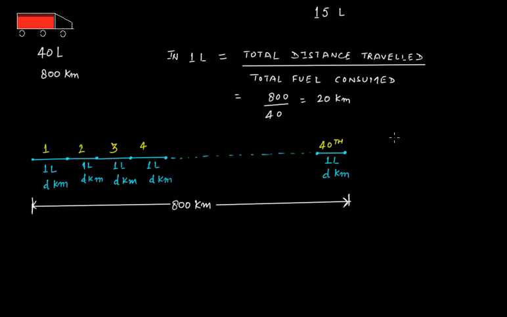Therefore, if I divide 800 into 40 equal parts, this will give you 20 kilometers, and that represents this d, because each part is the distance traveled using 1 liter.